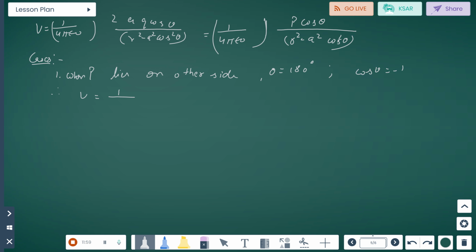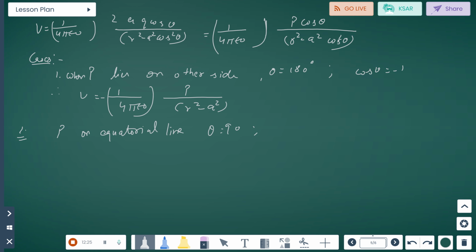V equals 1 by 4 pi epsilon naught, negative term, P divided by R square minus A square. Next, when P is on the equatorial line, theta equals 90 and cos theta equals 0. So V equals 0.